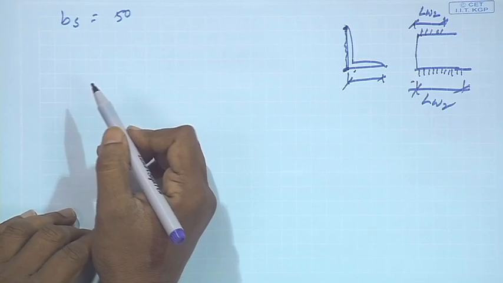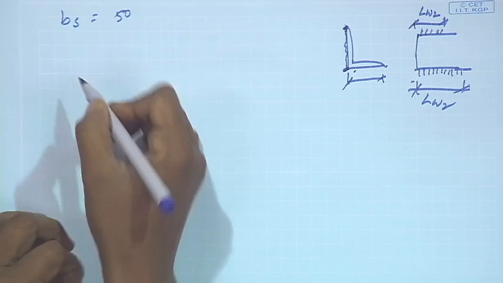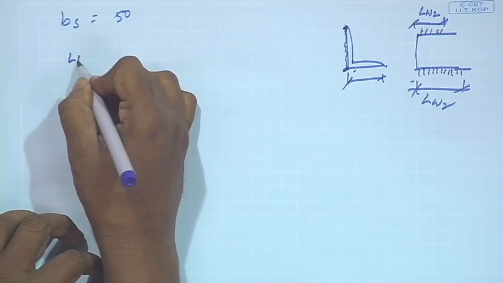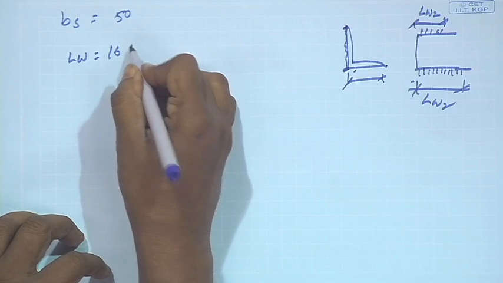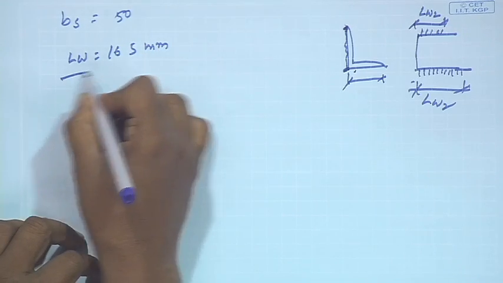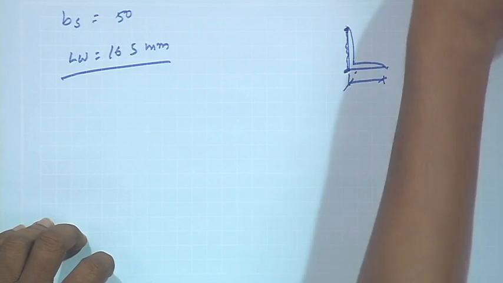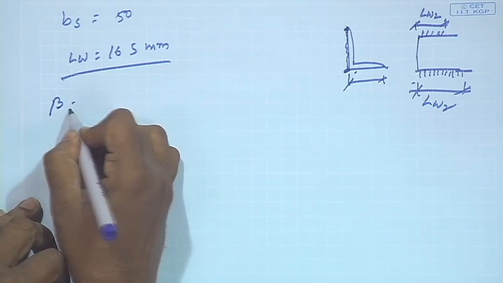So, as per codal provision, we can assume average length LW as 165 mm. If we look back to the code, we can see that LW, the average length of the weld, can be considered as 165 millimeter for the purpose of calculation of beta.